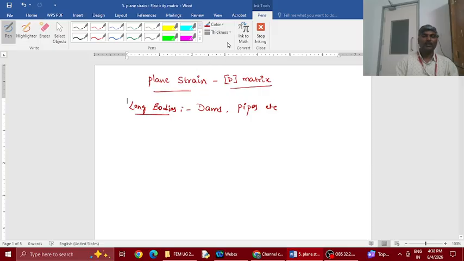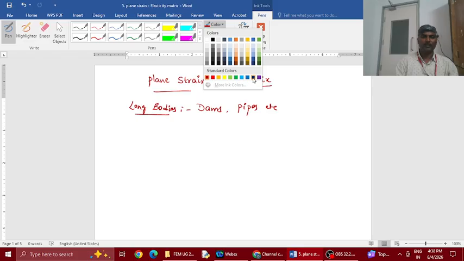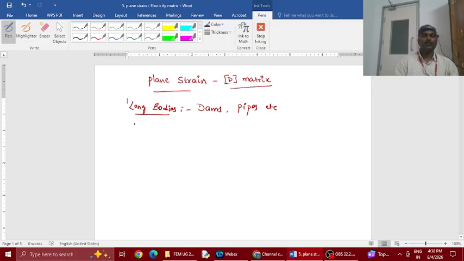So theoretically, how do you define the plane strain condition? Say, if the strain is zero perpendicular to the plane of the body.